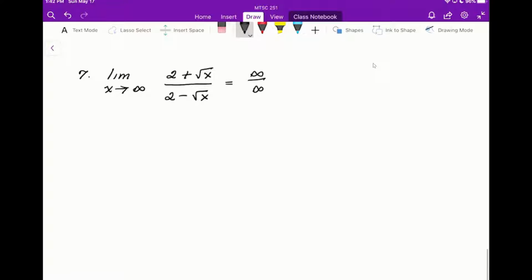For this problem, again, we get infinity over infinity. We divide by the highest power of x.